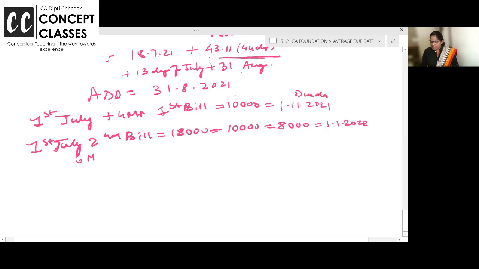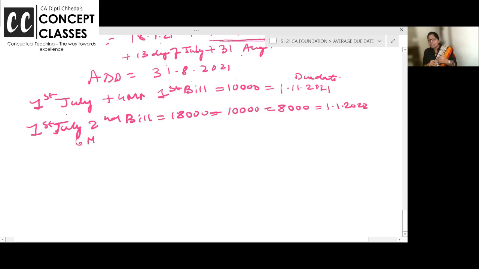Then we are saying to Shahrukh, if you are not paying on 31st August and you are drawing another bill, fine, but you will have to pay interest. Interest will not start from 1st July to 1/11, 4 months. No. Anyhow, Shahrukh had to pay on 31st August, no? So now see.